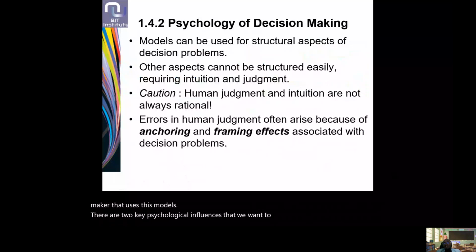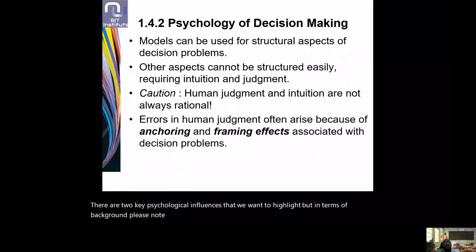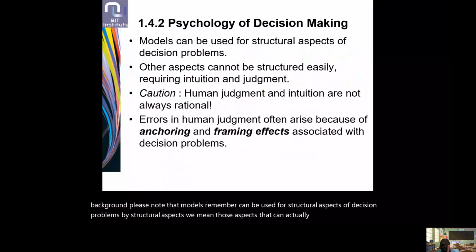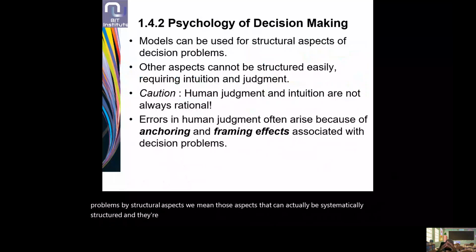But in terms of background, let's note that models, remember, can be used for structural aspects of decision problems. By structural aspects, we mean those aspects that can actually be systematically structured, with a functional relationship between the variables in the decision. If you don't have data on the variables, it means you cannot model that problem.